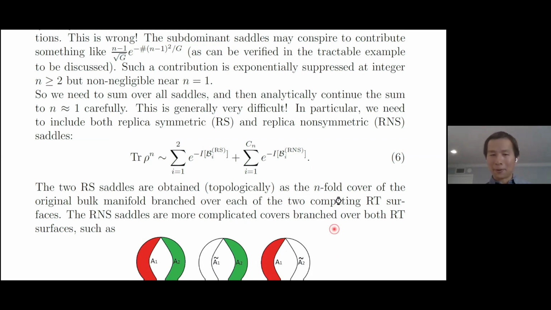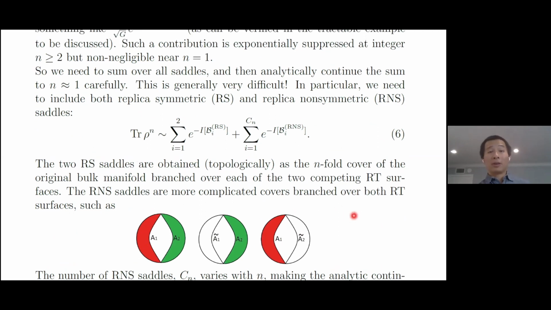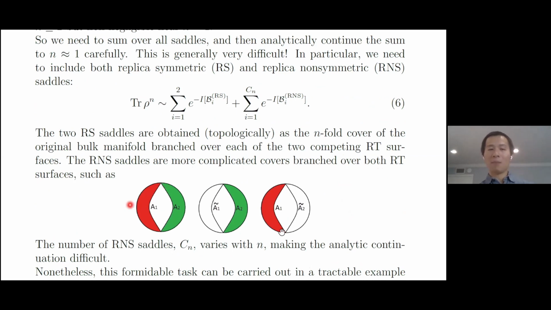So for example, if we consider the n equals 3 case, which is the third Renyi entropy, then in principle we need to include a replica non-symmetric saddle constructed in the following way. This is supposed to be a bulk prescription for constructing the saddle, at least topologically.